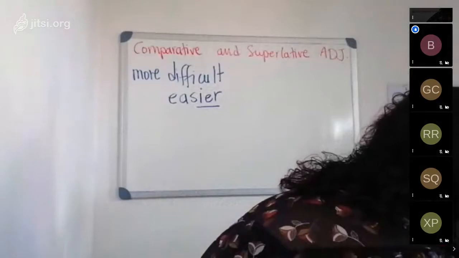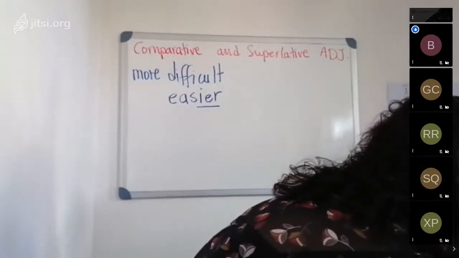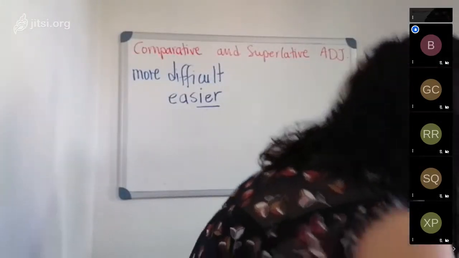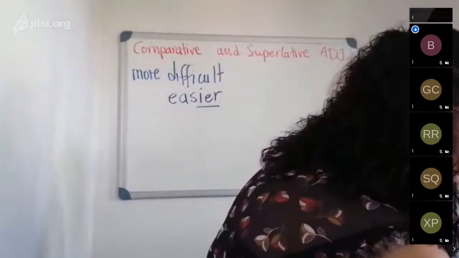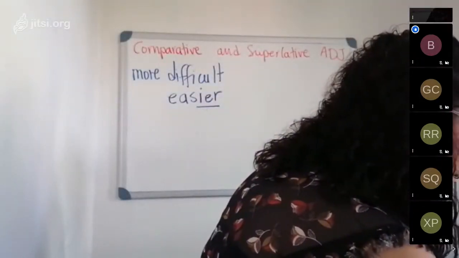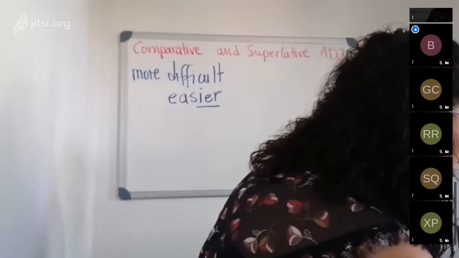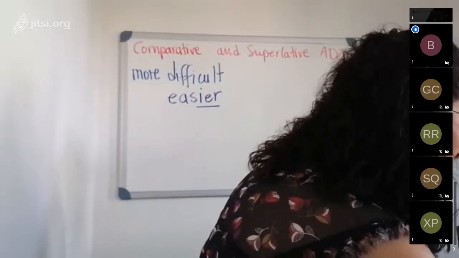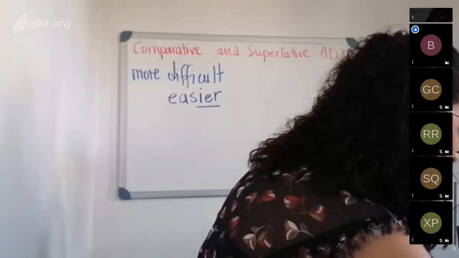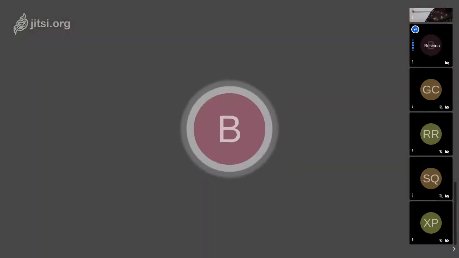Anel, can you turn on your microphone? Briseida, do you want to try? Okay, yes. Problem with the microphone. Briseida: The Rubik's Cube is easier than the jigsaw puzzle.